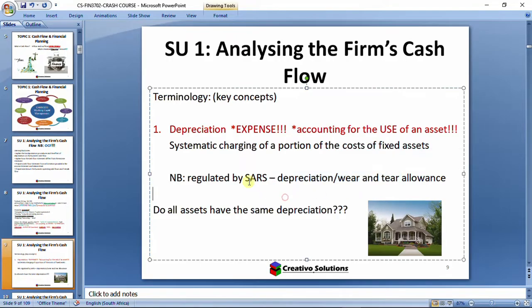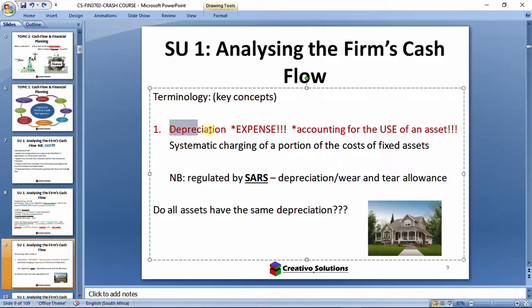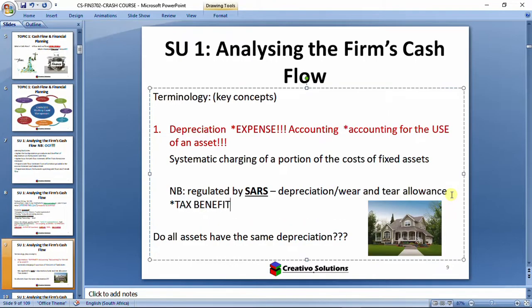When I'm looking at SARS, when I'm looking at tax, this depreciation is called a wear and tear allowance, and that's something that financial managers can make use of. Remember, accounting is accounting. Accounting is not financial management. Depreciation is an expense. That's a bad thing from an accounting point of view. But depreciation is great from a tax point of view because of the tax benefits.